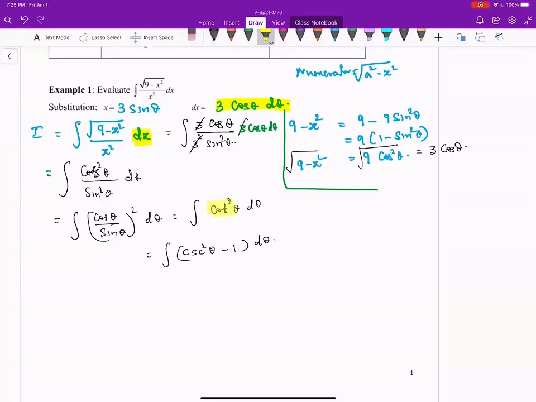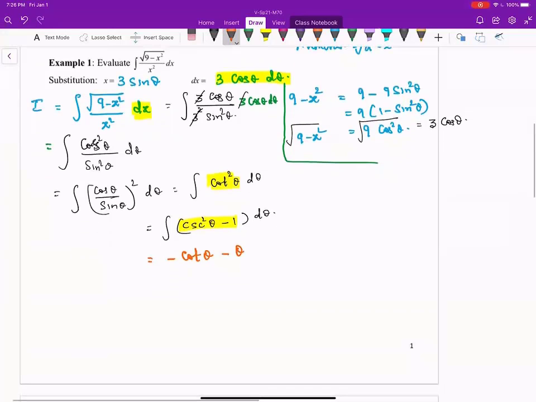Cotangent square theta equal to cosecant square theta minus 1. Now the integral of cosecant square theta is negative cotangent theta, and then the integral of negative 1 is negative theta, plus c.